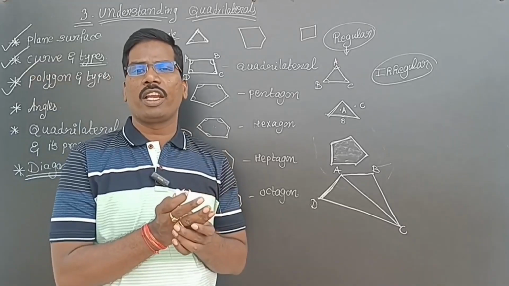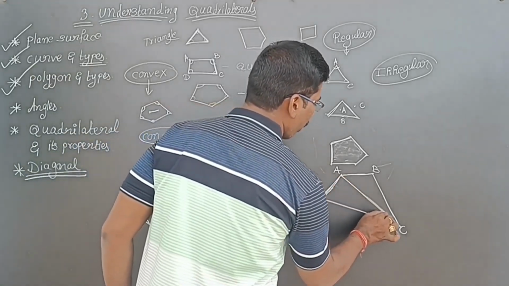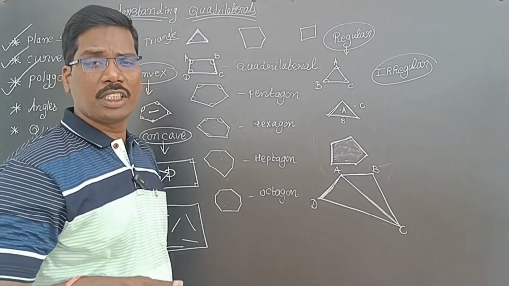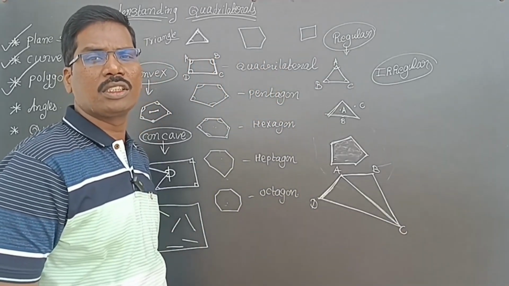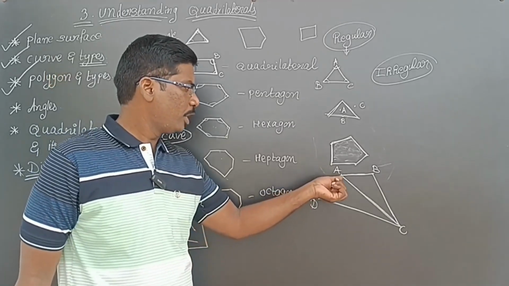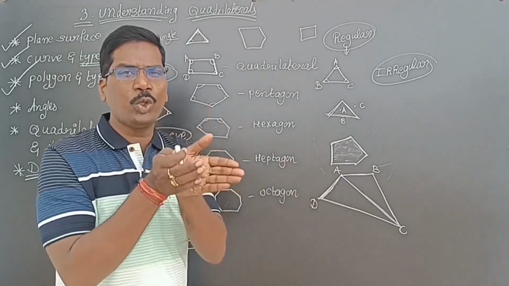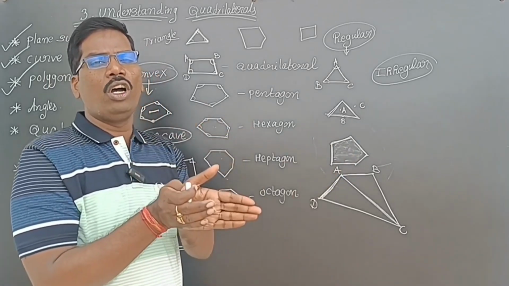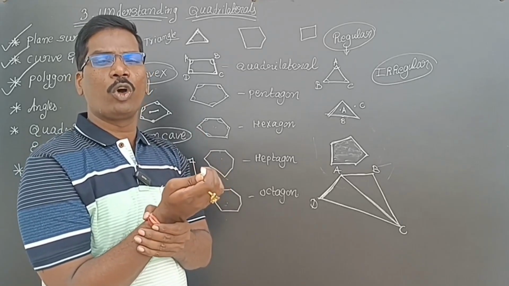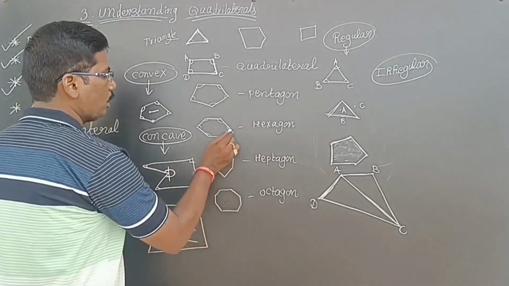A line segment drawn in a polygon joining two vertices other than two adjacent vertices is called a diagonal. Except for two adjacent vertices, if you join any two vertices of a polygon, it is called a diagonal. For example, this is a hexagon.